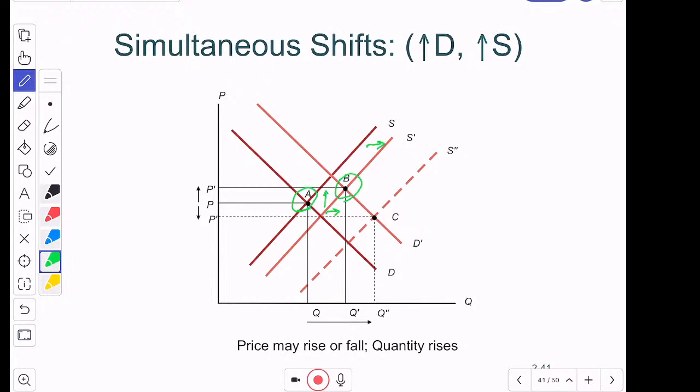If the supply went even higher, it's indeterminate if the price actually went down, but the quantity demanded still increased. So what is this saying? Depending on the strength of the supply shift, price might rise or fall, but quantity for sure rises.